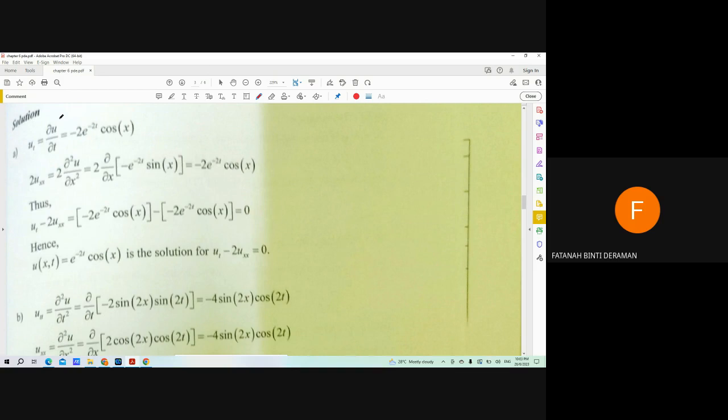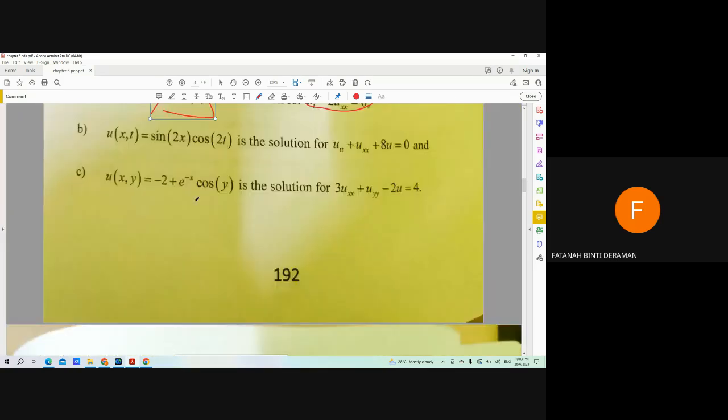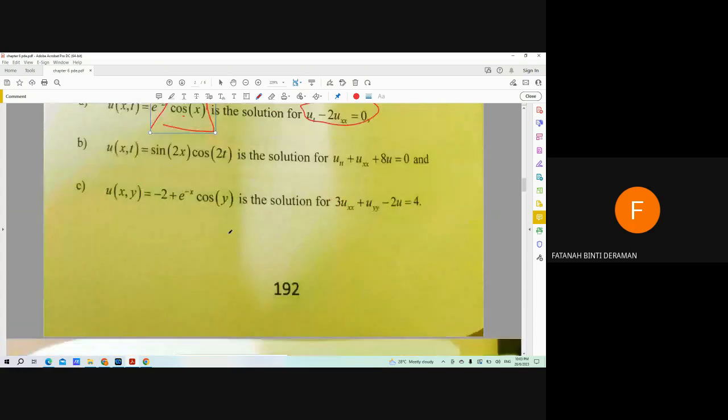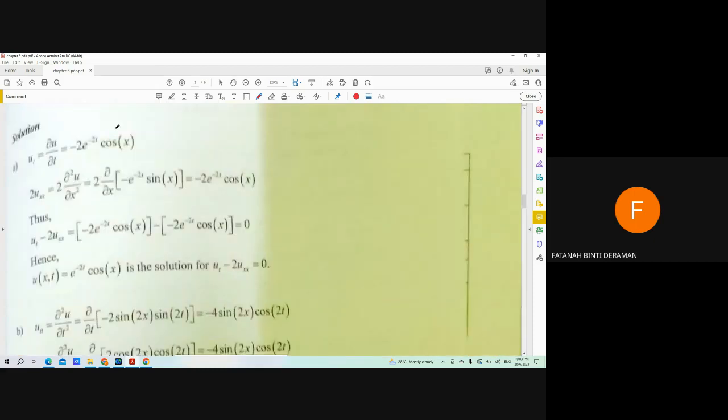Okay, so now we have du/dt. Okay, du/dt is defined as this. We just need to know that d is a partial.